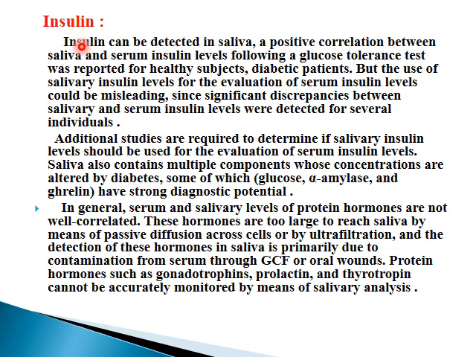Insulin. Insulin can be detected in saliva. A positive correlation between saliva and serum insulin level following a glucose tolerance test was reported for healthy subjects and diabetic patients, but the use of the salivary insulin level for the evaluation of serum insulin level could be misleading, since significant discrepancies between the salivary and serum insulin level were detected for several individuals.